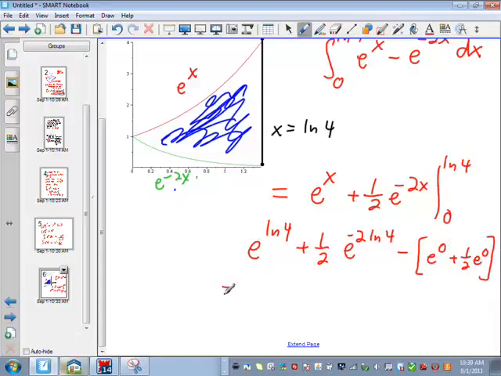And so this is e to the natural log of 4, plus 1/2 e to the natural log of 1/16, minus 3/2.